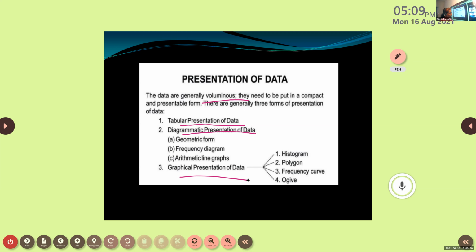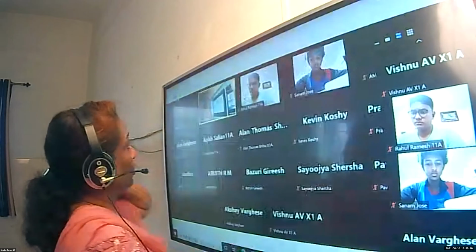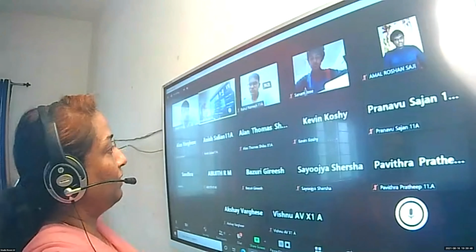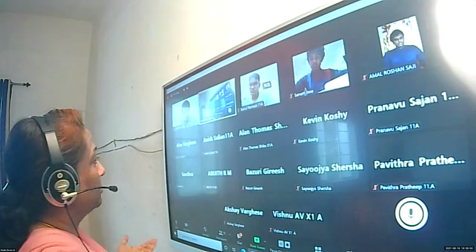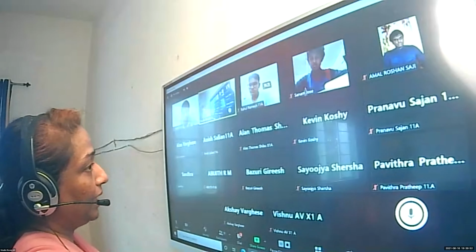The third method is diagrammatic representation. Through diagrams, we present the data in an effective manner. By seeing the data, there are so many numbers, and it may not be easy for us to understand. But when we represent that through a diagram, it can be easily understood.